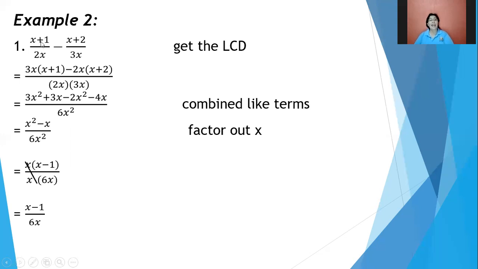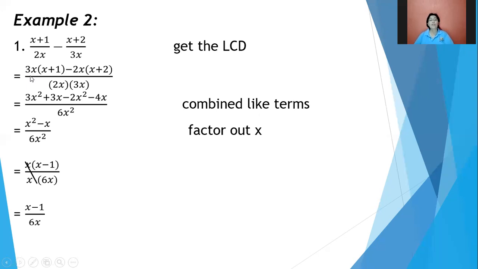Copy the x plus 1, then copy the minus sign. Then we have 2x times 3x divided by 3x is equal to 2x, quantity x plus 2. Then simplify using the distributive property.